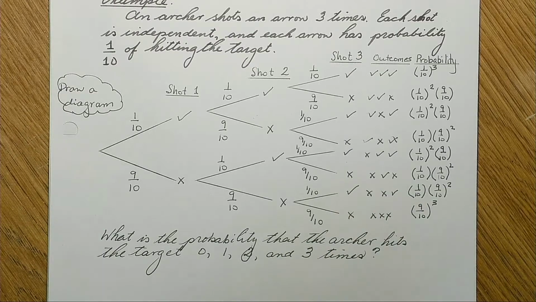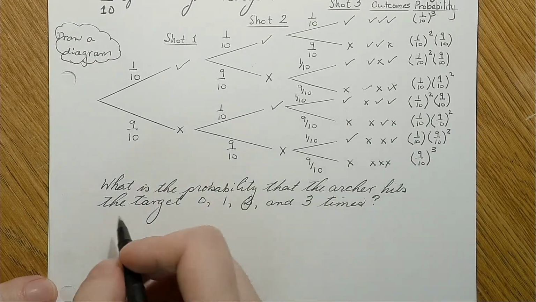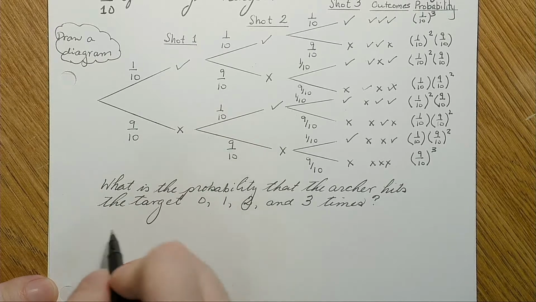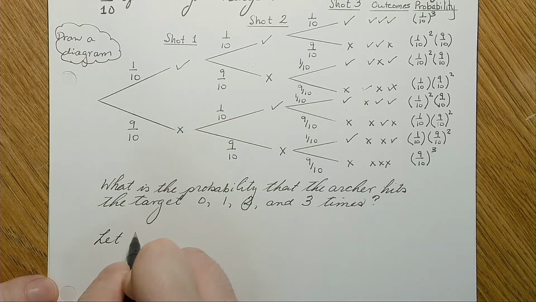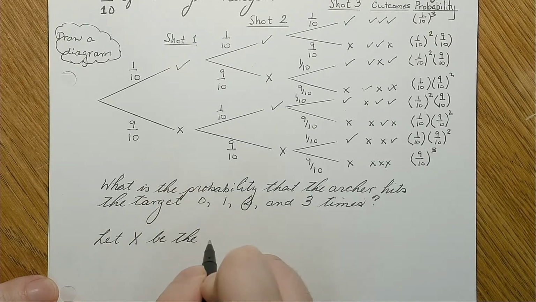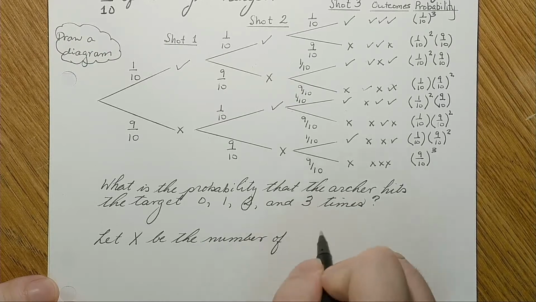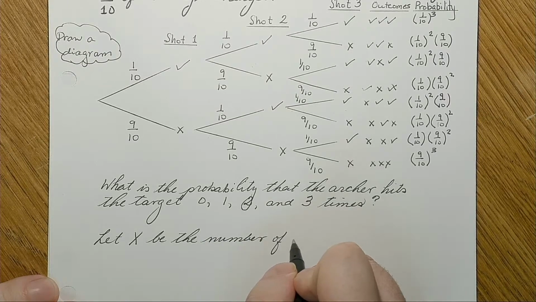Okay, so what we can do then is use a random variable. We'll let x be the number of hits.